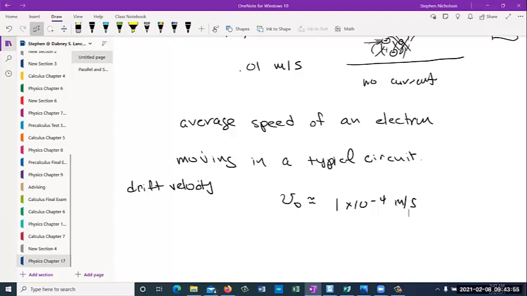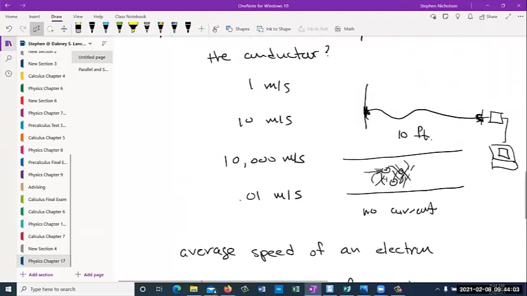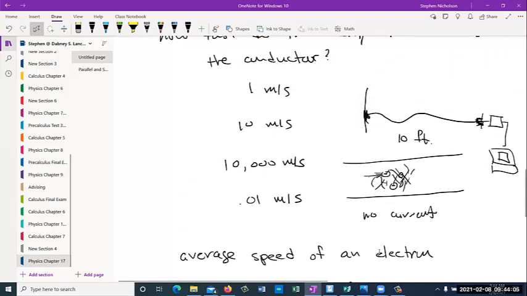So then it would take 10,000 seconds to move 1 meter. So that doesn't agree with what we think's happening.